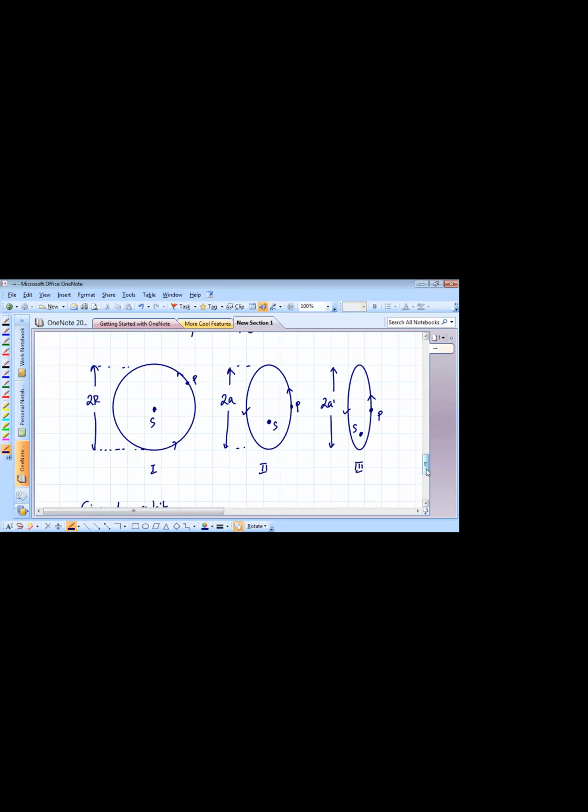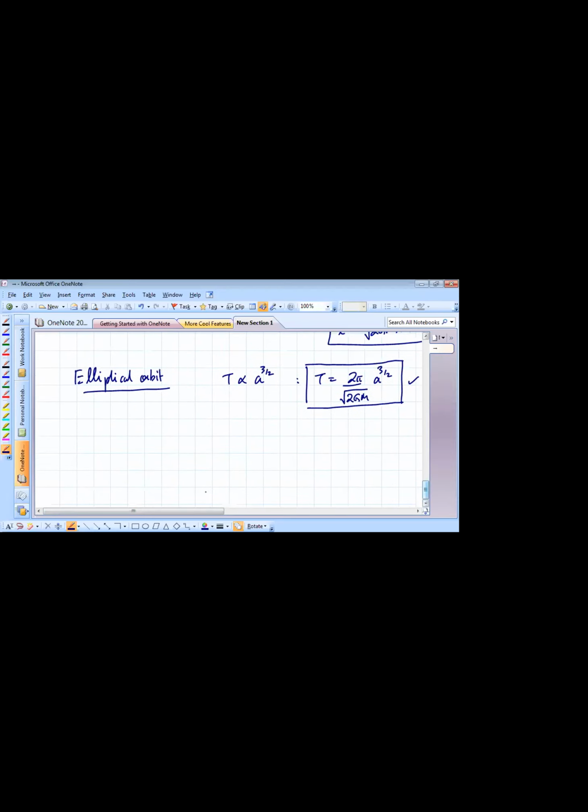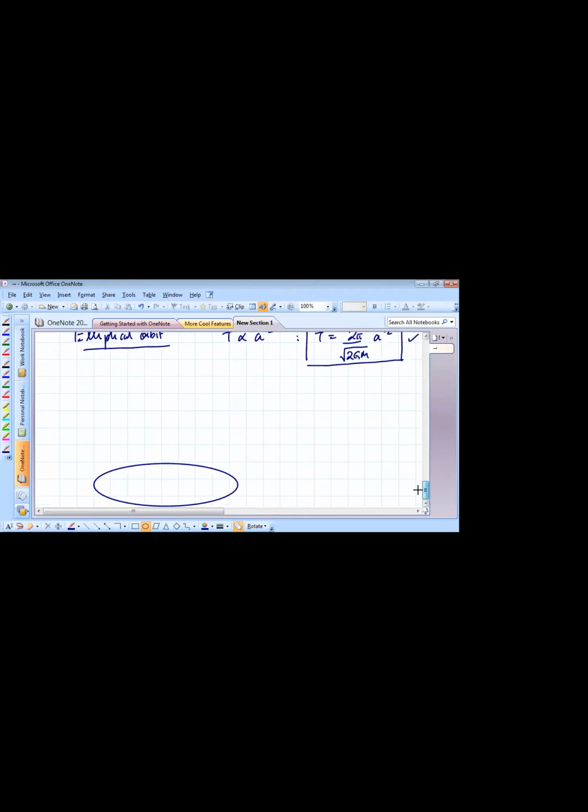And so if you compare the aphelion and perihelion, those points, the minimum distance and maximum distance point. Suppose the star is present here.